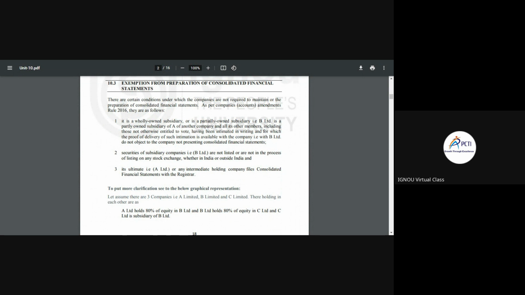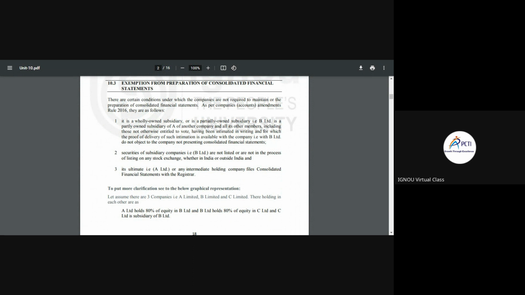First, it is a wholly owned subsidiary or a partially owned subsidiary, that is, B Limited is a partly owned subsidiary of another company A, and all its other members, including those not otherwise entitled to vote, have been intimated in writing, for which proof of delivery of such intimation is available with the company, that is with B Limited, and do not object to the company not presenting consolidated financial statements.